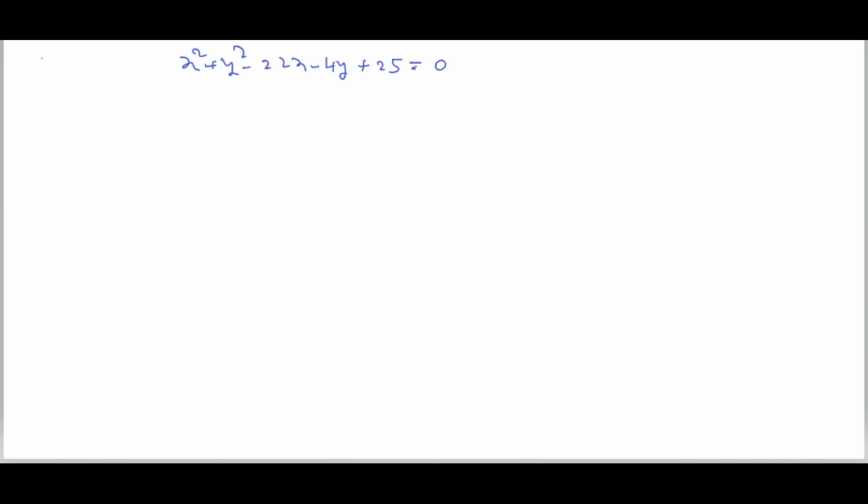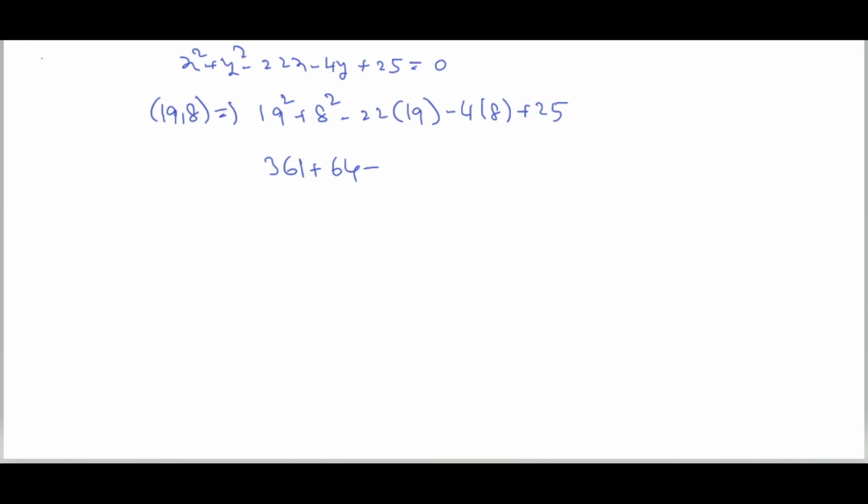Substituting the fourth point in this given equation, that is 19 comma 8, that is 19 square plus 8 square minus 22 into 19 minus 4 into 8 plus 25. 19 square is 361 plus 8 square 64 minus 22 into 19, that is 418, minus 4 into 8, 32, plus 25. 361 plus 64, that is 425, 425 plus 25, that is equal to 450. 450 minus 418 minus 32, this is also 450. 450 minus 450 cancel, that is equal to 0.